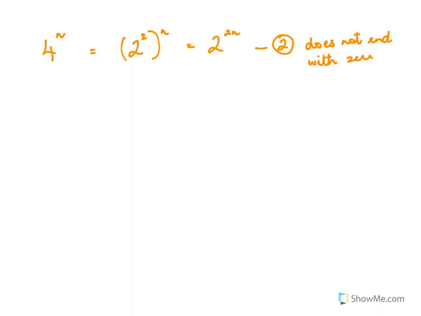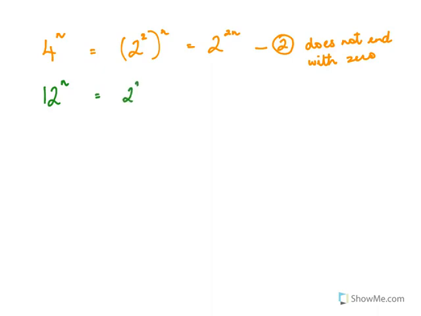Let's take more examples, like 4 raised to n. Will it end with 0? 4 is 2 raised to 2, raised to n. So this is 2 raised to 2n. The prime factors are only 2, so it does not end with 0. We take another one, say 12 raised to n.